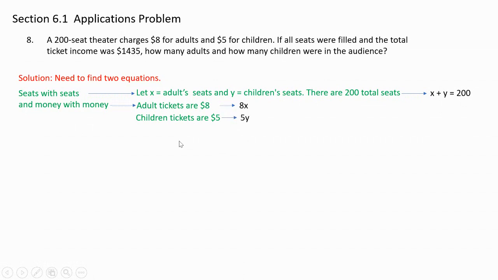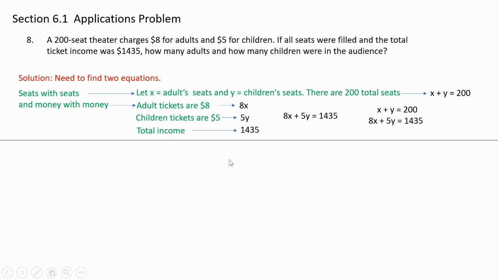And what was the total income? It was $1,435. So it's going to be 8x plus 5y equals 1,435. So this is equation 2. So I found both equations: equation 1, x plus y equals 200, and equation 2, 8x plus 5y equals 1,435.